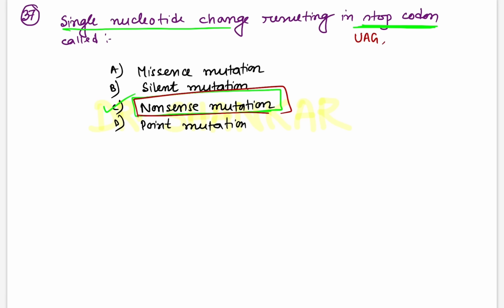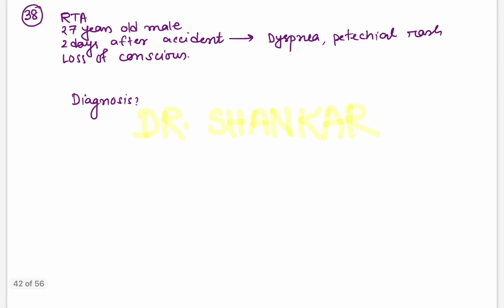UAG, UAA and UGA. So 3 stop codons. Whenever any mutation is associated with insertion of a stop codon, it is known as nonsense mutation. It causes premature translation of RNA.